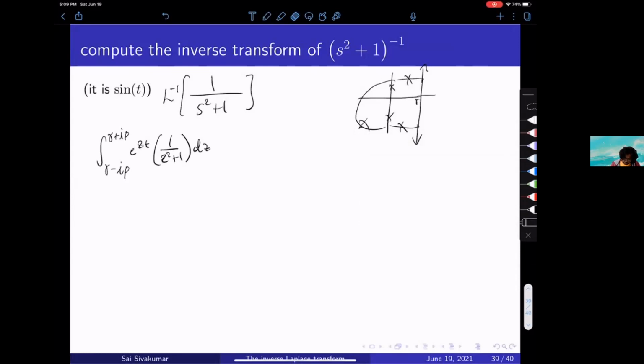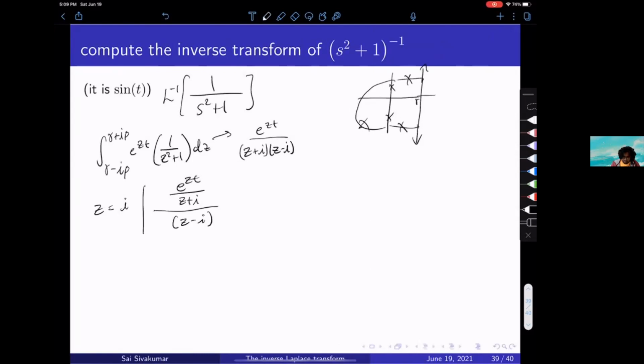The way I like to do it is, I'll write the pole, z equals i. Then first I'll write the integrand as e to the zt over (z plus i)(z minus i). At z equals i, the z minus i part is the problem part. So I'll write e to the zt over z plus i, all of that over z minus i.